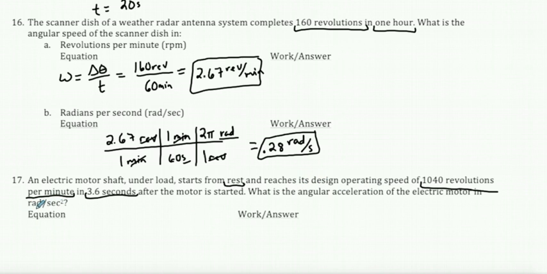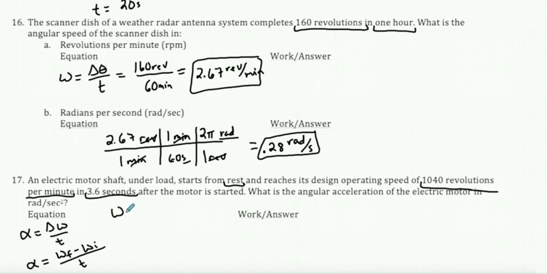We have to make sure that everything is in radians per second before we use our equation. Our acceleration equation: angular acceleration is going to be change in angular velocity over time. Again, I would write the better equation for plugging things into, so that would be my final angular velocity minus my initial angular velocity over time. We're going to write out all of our variables.